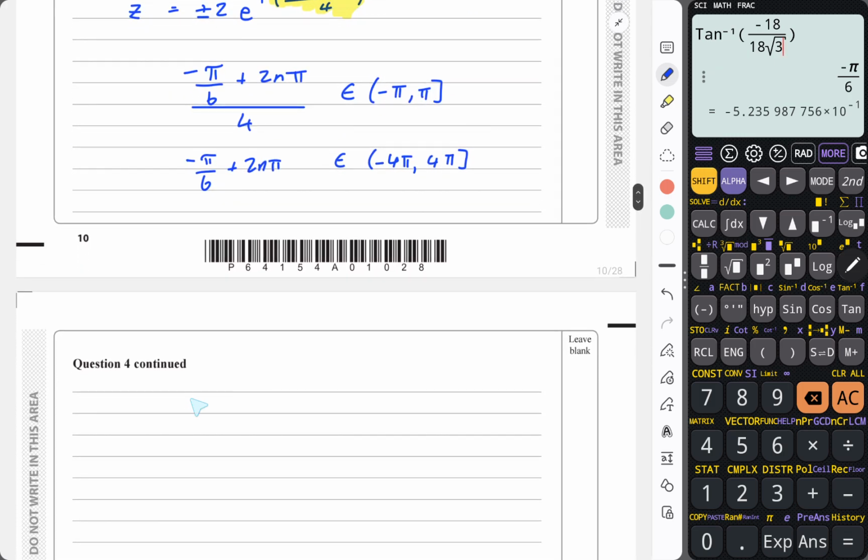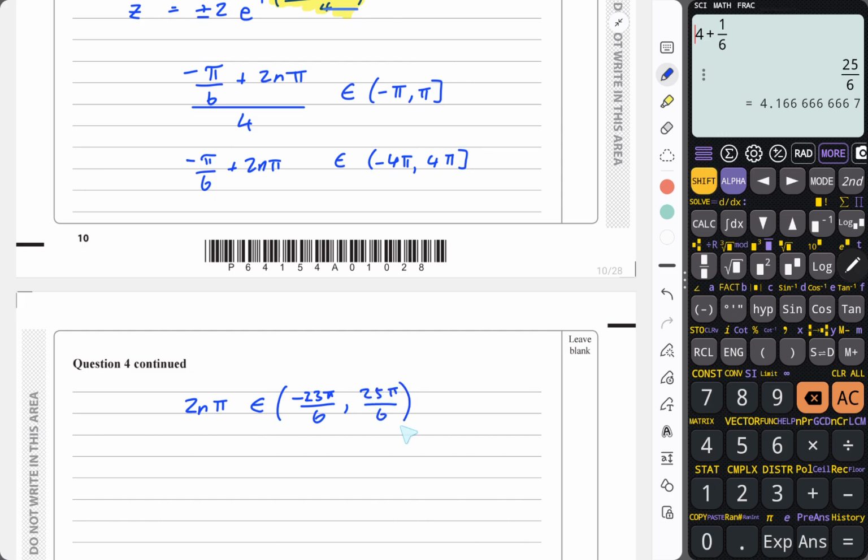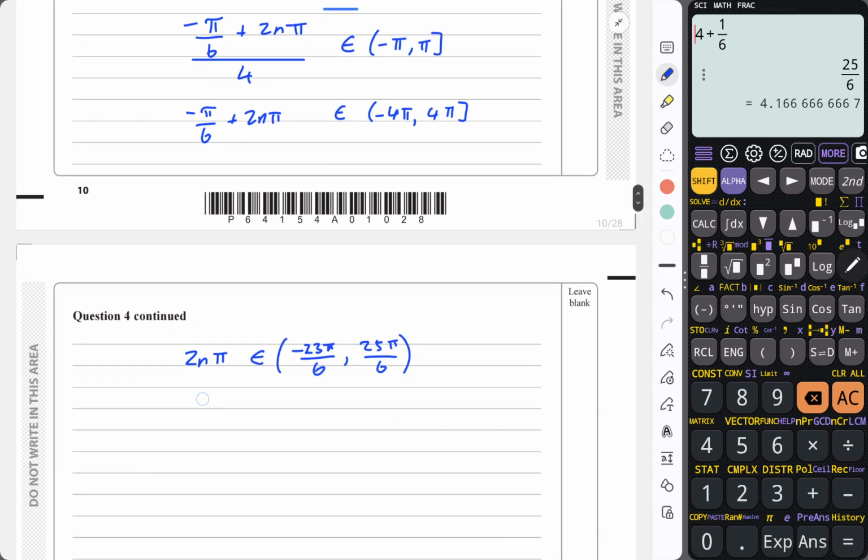If I add pi over 6, 2n pi is going to belong to the interval minus 4 pi plus pi over 6, which is minus 23 pi over 6, and I need to do the same with positive 4 pi, so that's 25 pi over 6. Then I can divide by 2 pi to work out what n has to be.